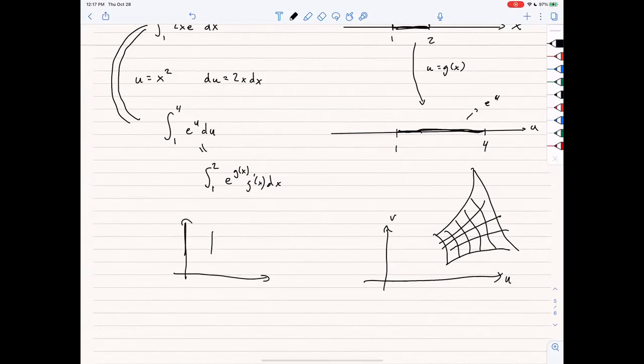You want to say, well, I have a way of mapping a rectangle into this region, and I want to change my variables from the uv variables to my xy variable set. So what do we have to do to the dA in that case? How can we adjust our differential in that case?